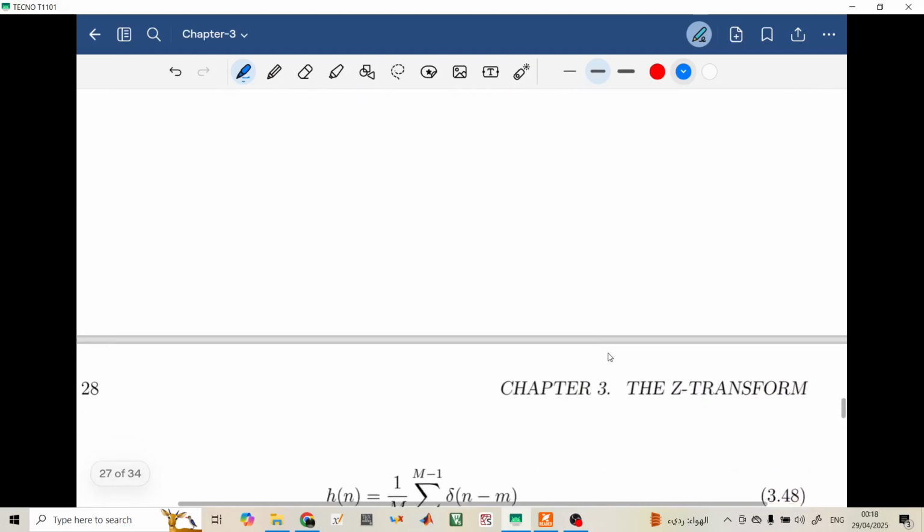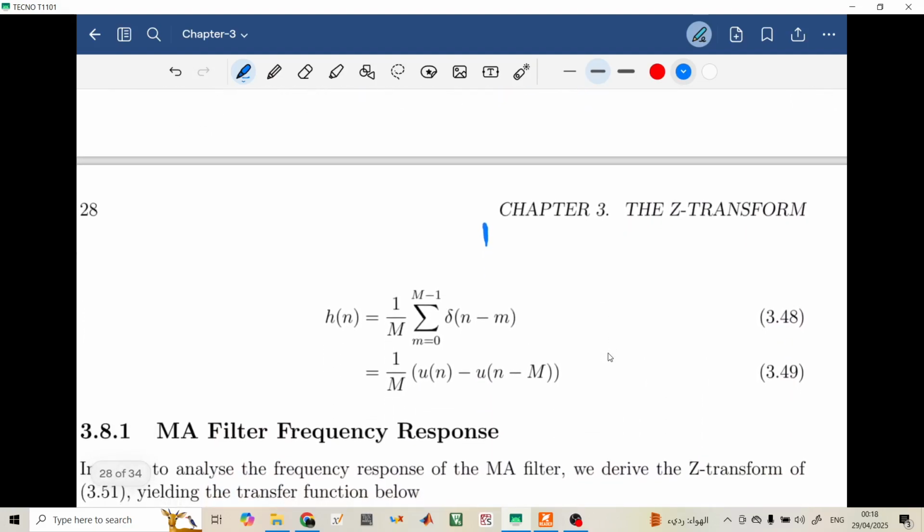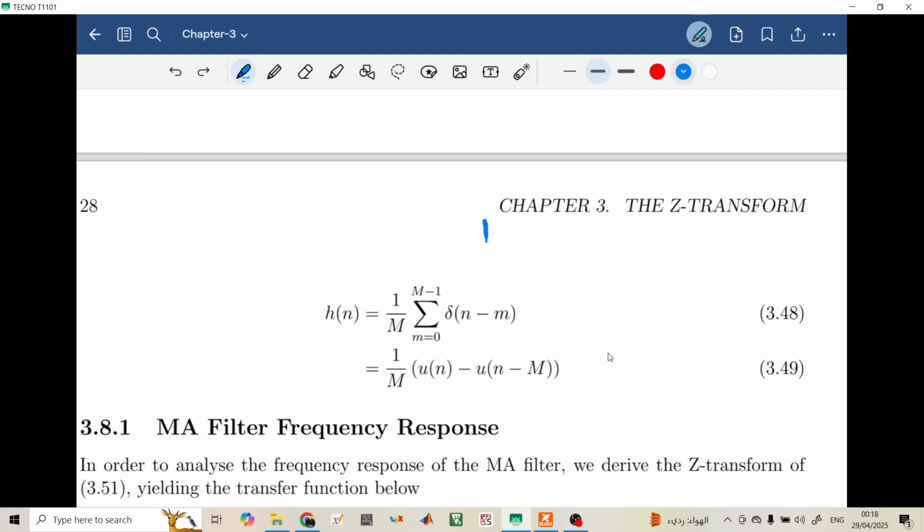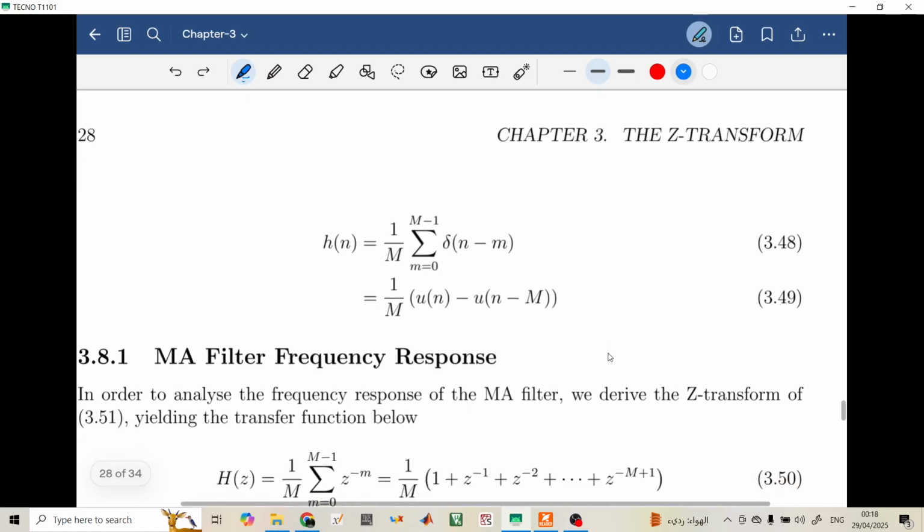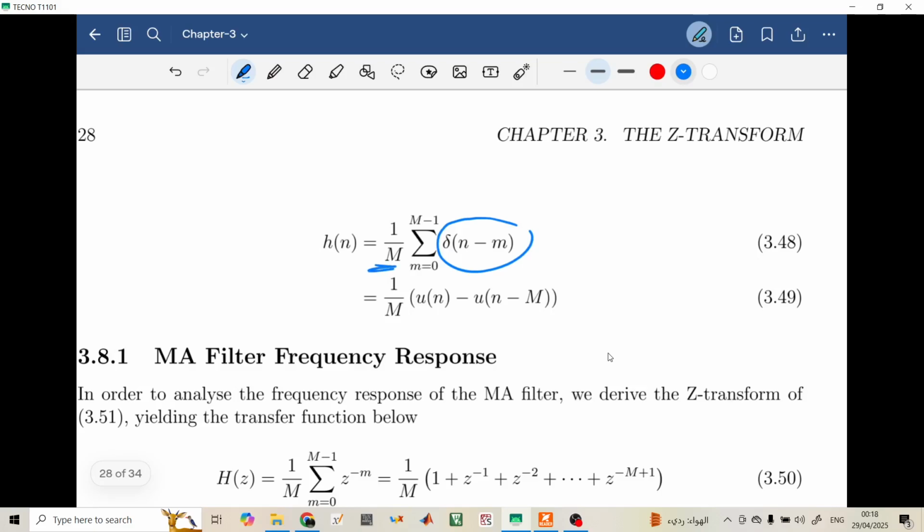Okay, the impulse response in this case is very simple. It is this form, right? So we have a shifted train of deltas divided by the number of deltas here, or we can put it in what they call a boxcar form.